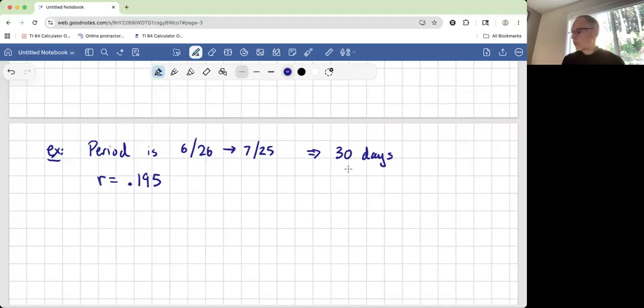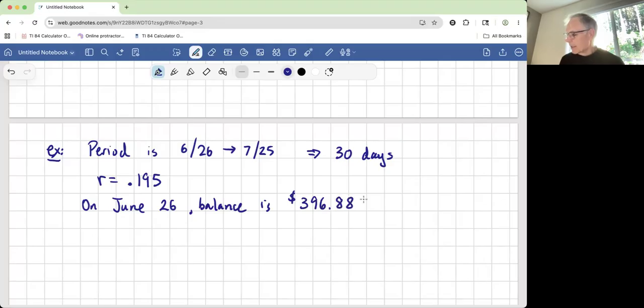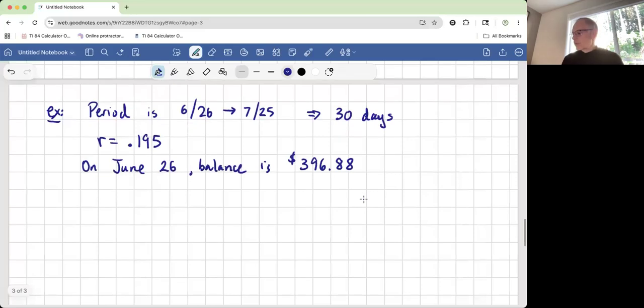So here's what we know. Going in on June 26th, our balance is $396.88. So our activity in that 30-day period: on June 30th, we're going to make a payment of $100.